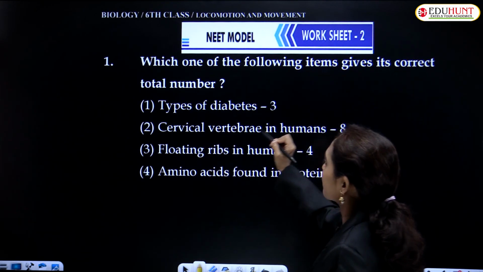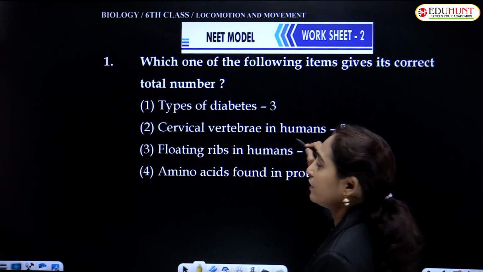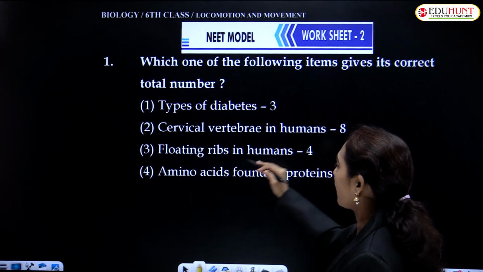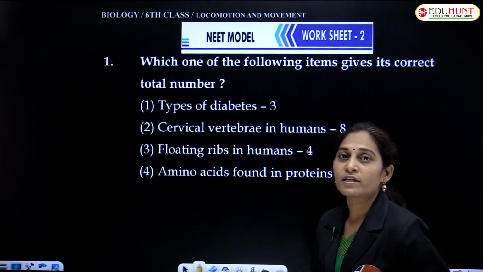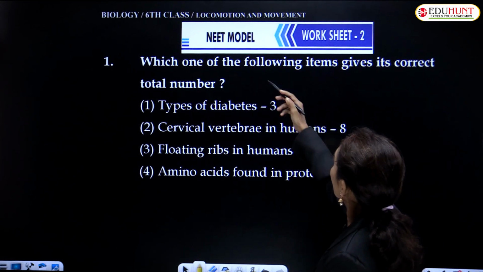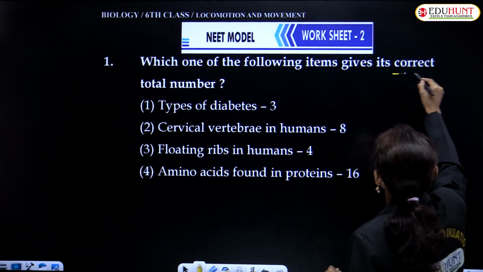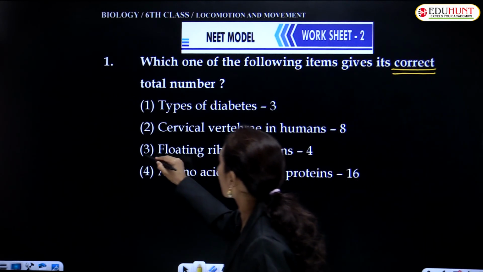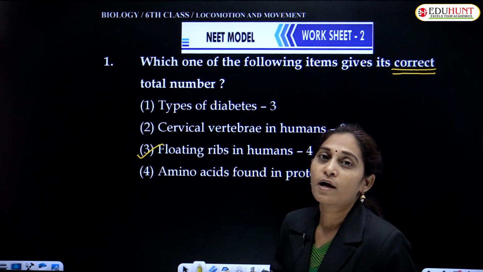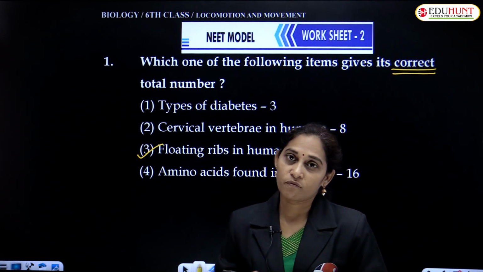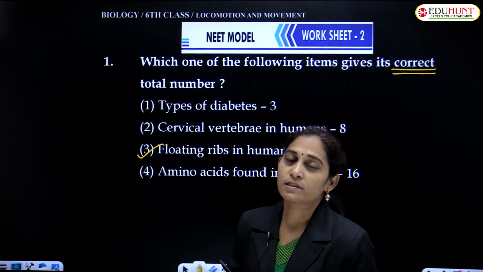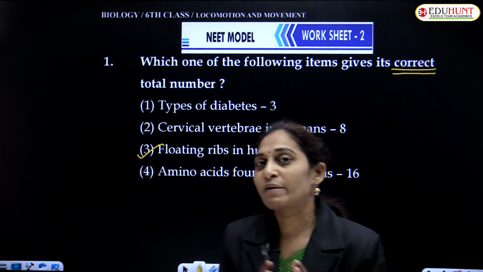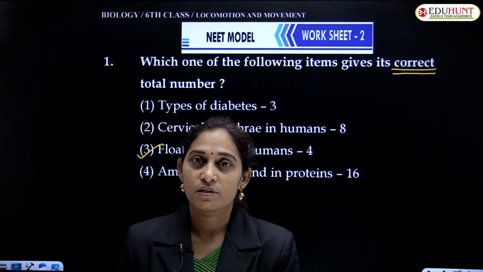Types of diabetes 3, cervical vertebrae in humans 8, floating ribs in humans 4, amino acids in proteins 16. The question is to identify the correct total number, that is floating ribs is 4, because we have 12 pairs of ribs. Out of 12 pairs, 7 pairs are true ribs and the remaining 5 pairs are false ribs.